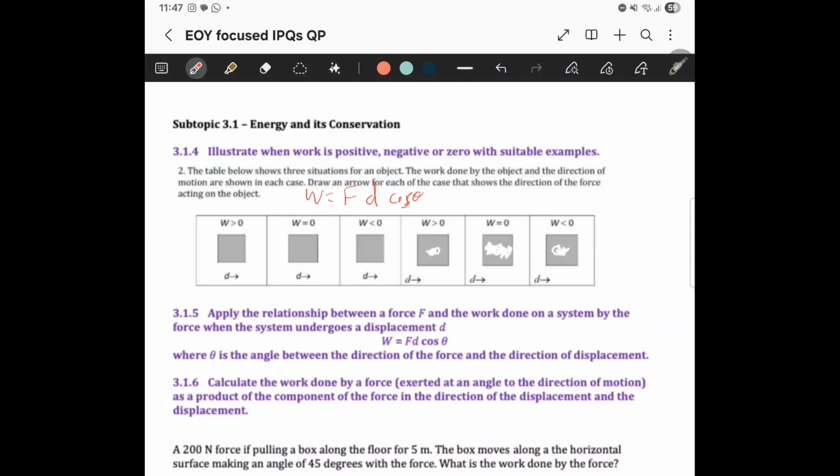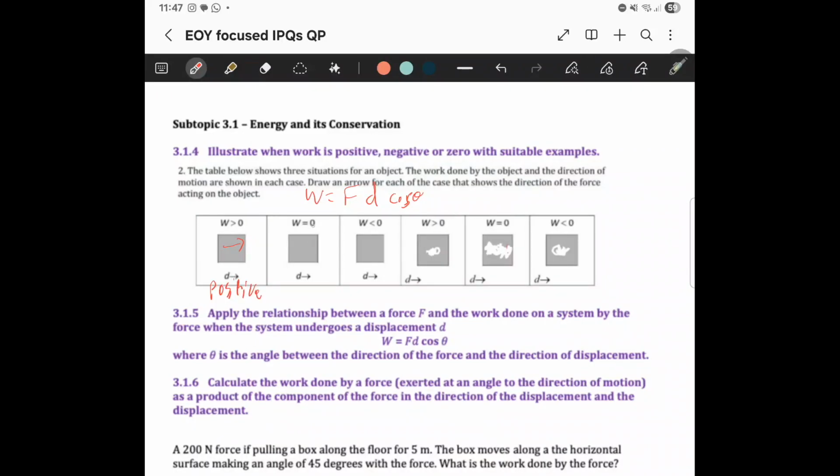Not important, but what is important, looking at this, we have work greater than zero, which means there is some work happening, and this is going to the right. So work is a positive number, this will be going to the right. This will be positive work.